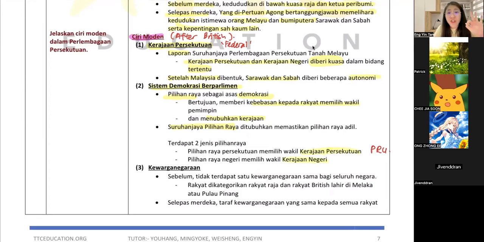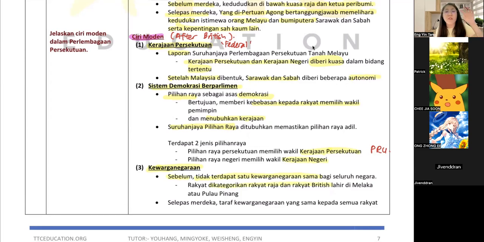Now, the third one, ciri-ciri yang ketiga ialah kewarganegaraan, citizenship. So citizenship definitely is after British one, okay? So you see, at the very beginning, we don't have a specific, like a same citizenship. Sebelum merdeka, we categorize the citizen as Rakyat Raja and Rakyat British.